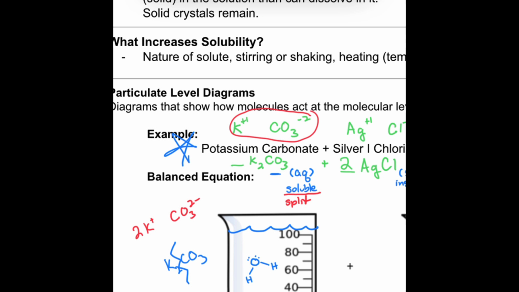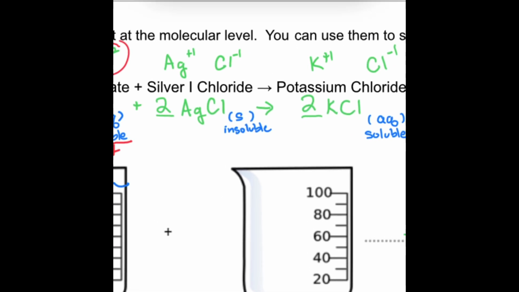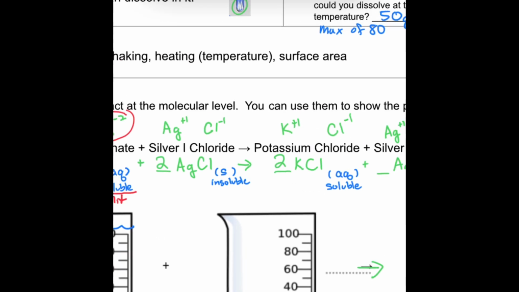Since I know that water is polar, that means that my 2 potassium ions are going to hang out with the more negative end of water. And since I know that hydrogen is my more positive end of water, that means my carbonate ion is going to hang out with it because I know that negative and positive charges are attracted to one another. So this is literally what's going on in that solution. I have some water molecules, I have some potassium ions floating in there, and I have some carbonate ions floating in there. So let's take a look at my second reactant beaker, my silver chloride.